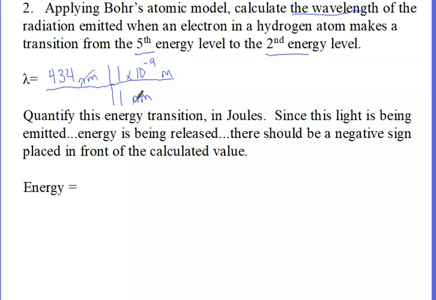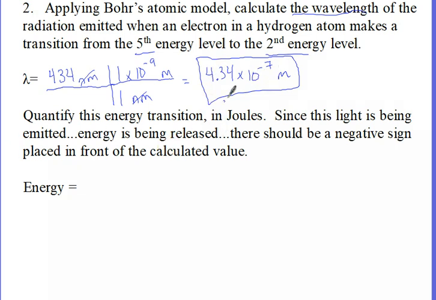Then this will let you cancel out your nanometers, and then you're going to report that as 4.34 times 10 to the minus 7 meters. And that way you have a unit in meters.